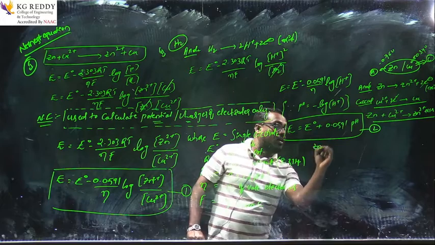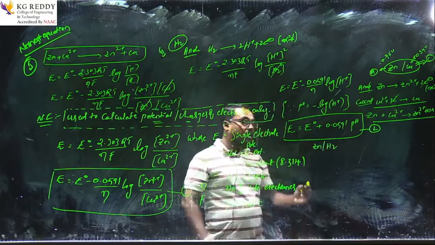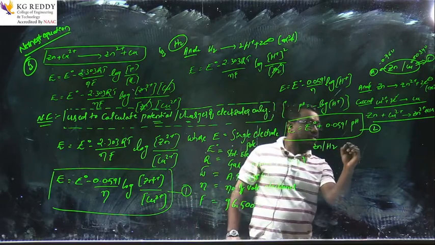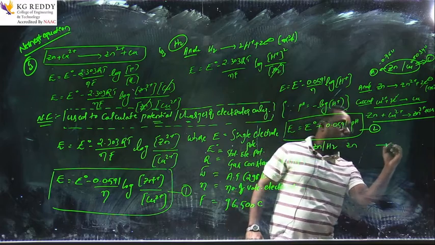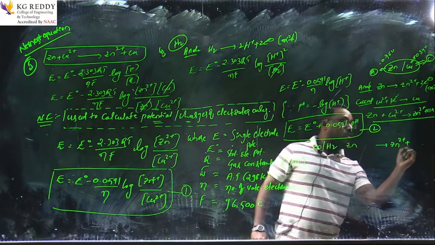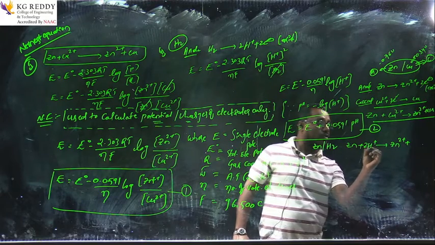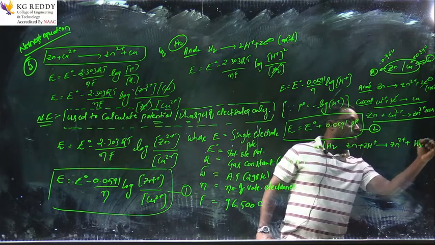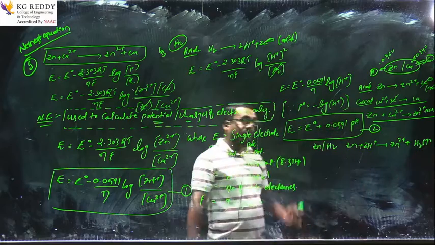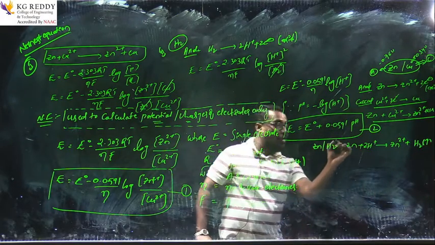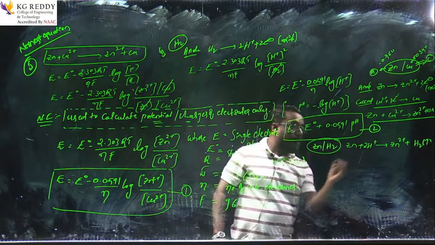If you consider zinc and hydrogen, in this case zinc will act as the anode, so it loses 2 electrons, and hydrogen gains 2 electrons and forms hydrogen gas. Using this reaction we need to write the Nernst equation.